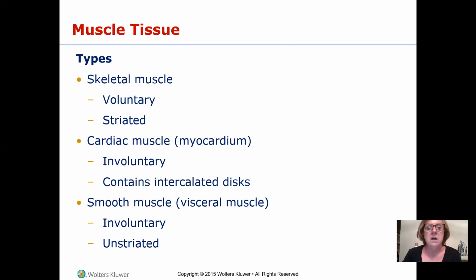Cardiac muscle is involuntary. Another name for that is the myocardium. And of course, we don't have to think about our heart beating. And then smooth muscle is also involuntary, and it's the part of our organs, and it's unstriated.